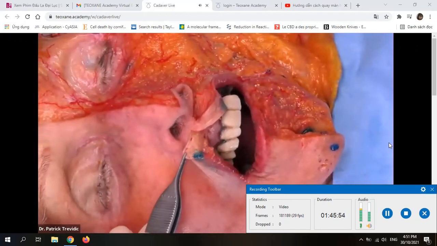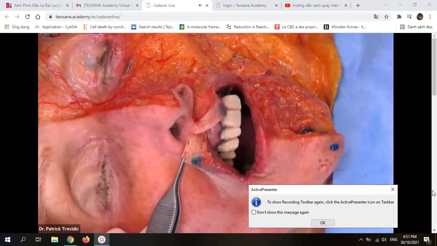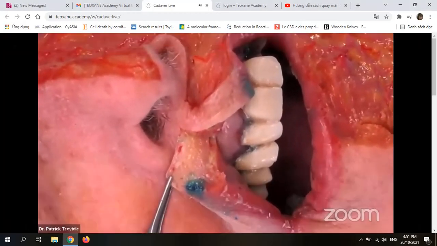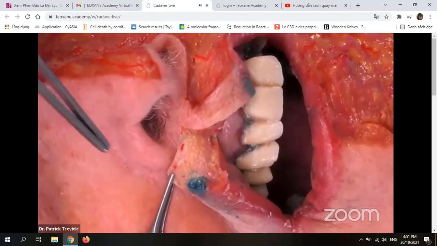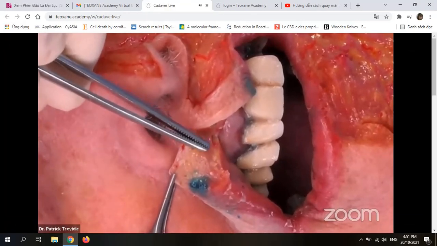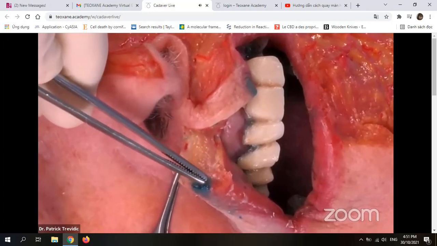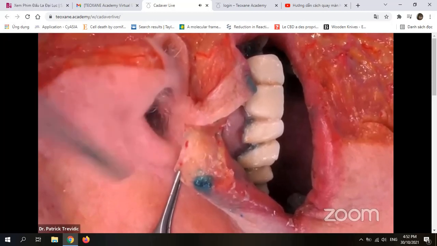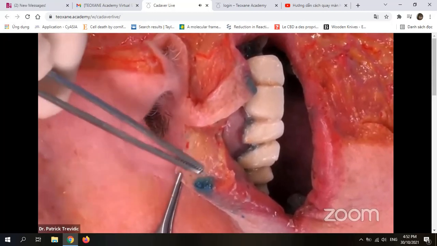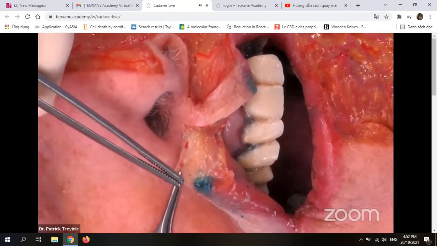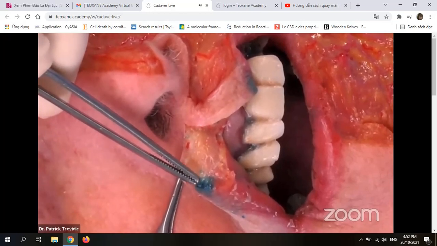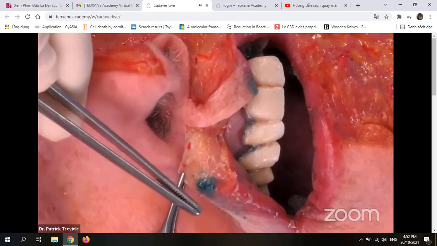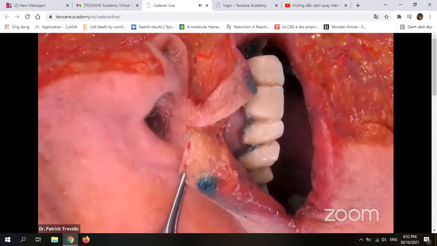So if we are going to zoom on it, you see the different place where you inject. Look, in the center, you got this pink with a cross shape. That is your orbicularis oris muscle that reach the blue point, that is the limit of the vermilion between the white and the red dry mucosa.